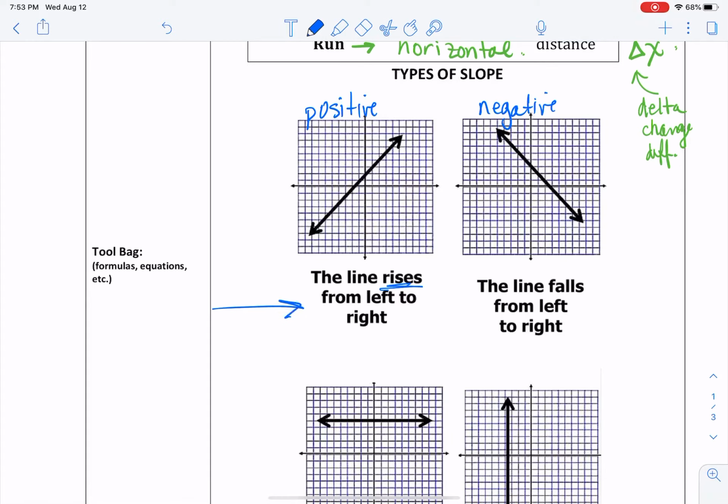When you think about the direction that we read from left to right, that's how we read graphs. So as I move to the right, that line is going up, and as I move to the right here, those lines are going down.